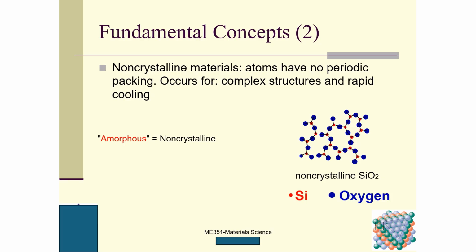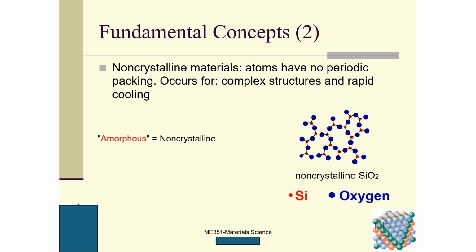Currently, a very important amorphous material is bulk metallic glass. This is a metal, but when people solidify it, that is, when people cool the molten metal to get the solid metal, the cooling rate is very, very high.